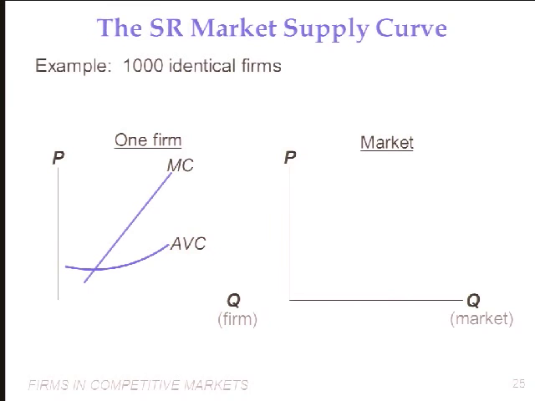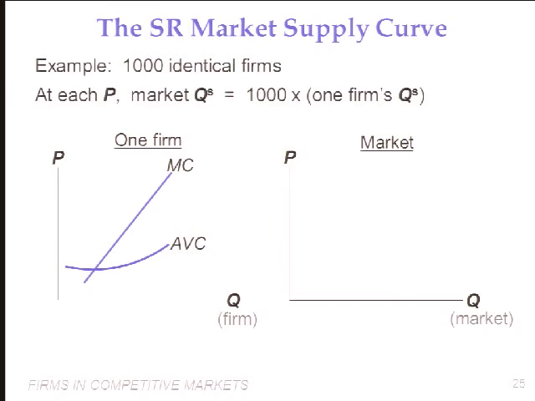But for P1, the market supply, or what's going to come forward if there's 1,000 firms and each of them optimally would produce 10 in the short run, then for all the firms, the market supply at price P1 would be 10,000 units. And at some higher price, P2, we would end up simply horizontally summing all of those marginal cost curves to get now a quantity of 20,000. And continuing in that fashion for other prices allows us to trace out what would be the market supply for this particular good, given there's 1,000 firms and they're all price takers, and this is our supply curve for the market as a whole.